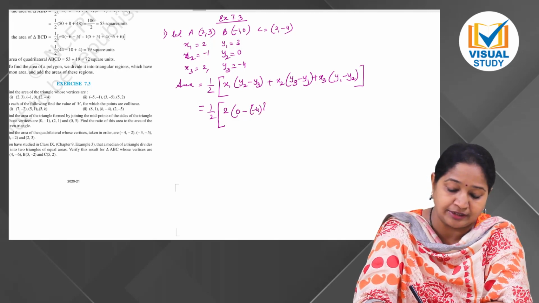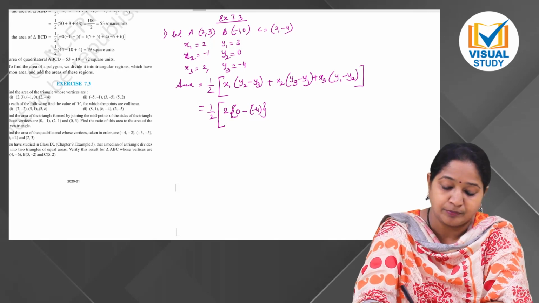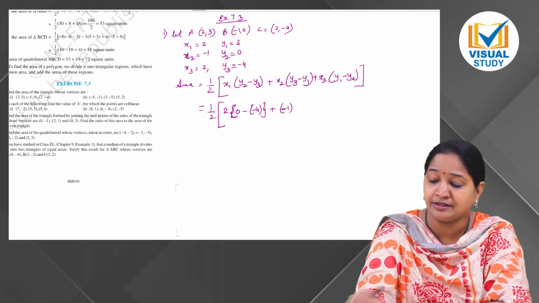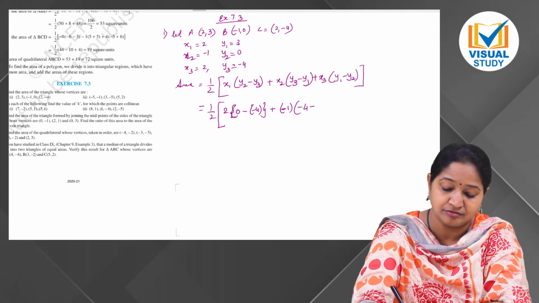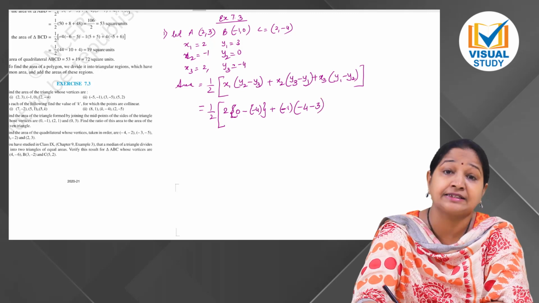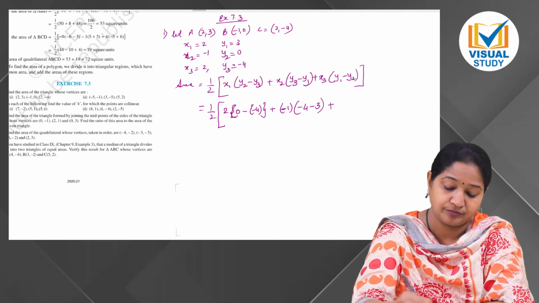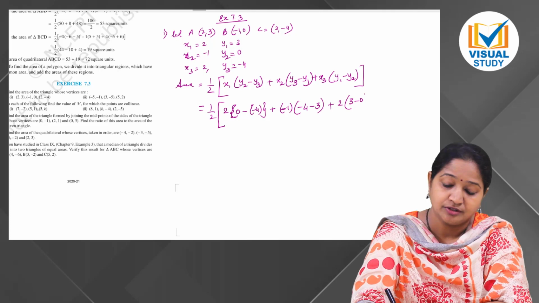So I will write it here like this, plus x2 is minus 1, y3 is minus 4 minus y1, which is 3, plus x3 is 2, again y1, that is 3, and y2 is 0.